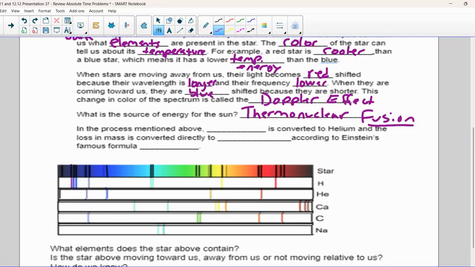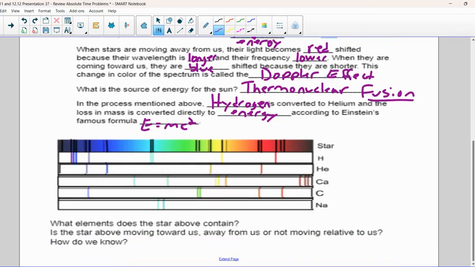In the process mentioned above, hydrogen is converted to helium, and loss of mass is converted directly to energy, according to Einstein's famous formula, E equals mc squared.